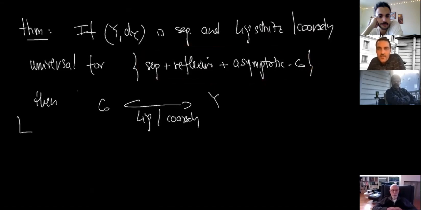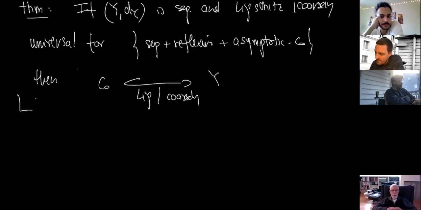Okay, they're reflexive. There is a result of Kalton from 2007, which says that c0 does not embed coarsely into any reflexive Banach space. So here you have a class of Banach spaces, none of them contain c0, but again, if all the spaces in this class Lipschitz or coarsely embed into a metric space, then it will force the metric space to contain either a Lipschitz or a coarse copy of c0.